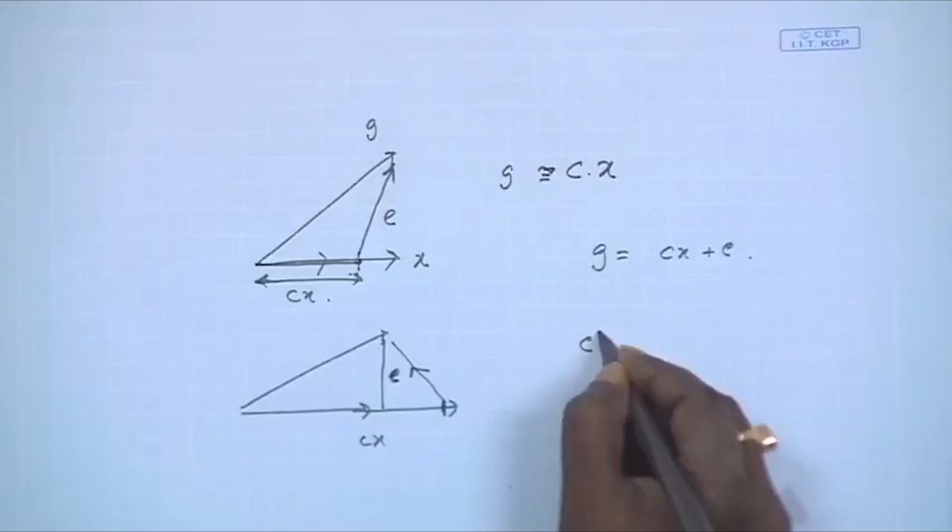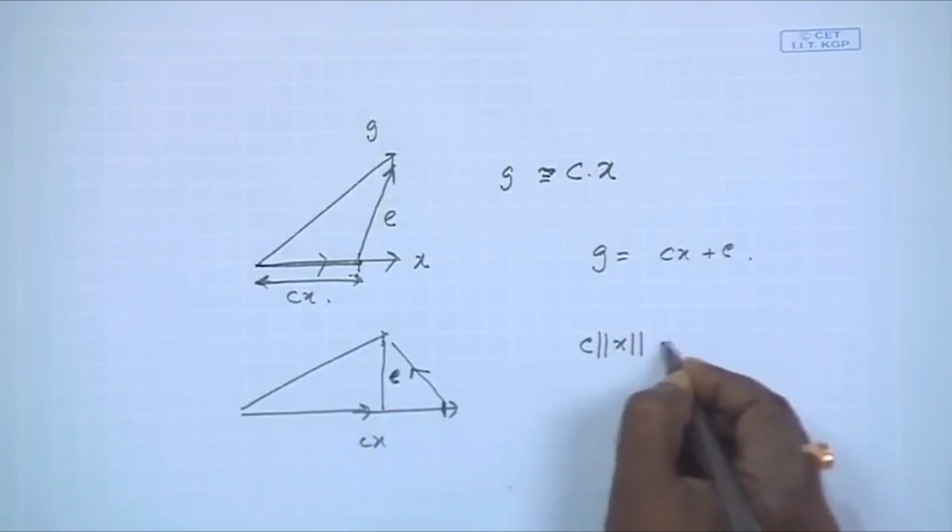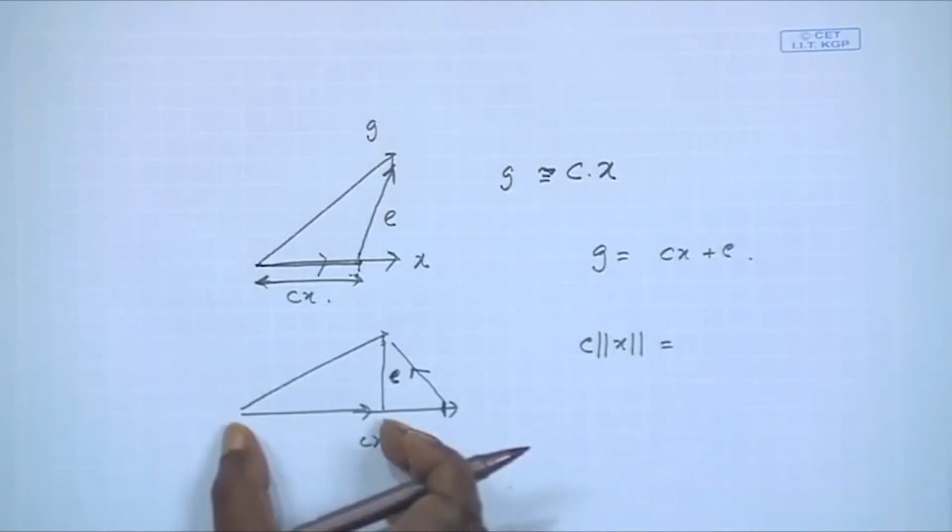So this is something I wish to now derive. Let us say this Cx, this particular value, when the error is minimized, what is that?